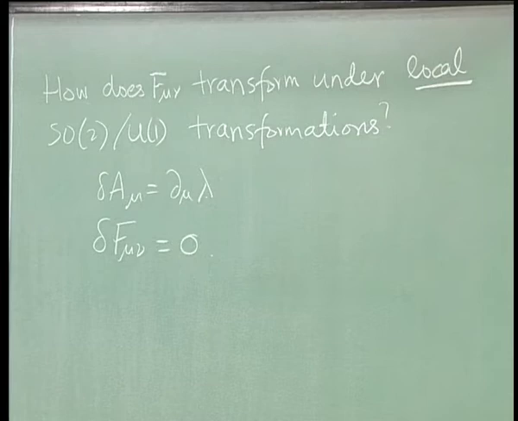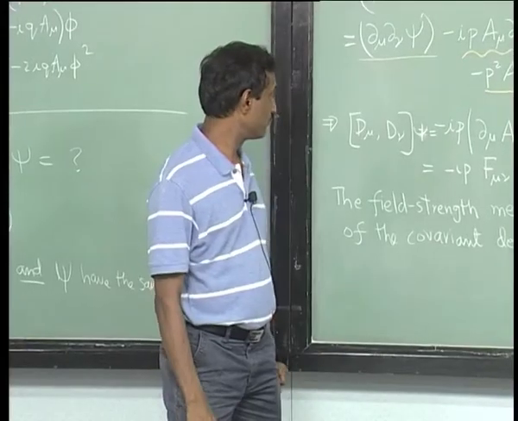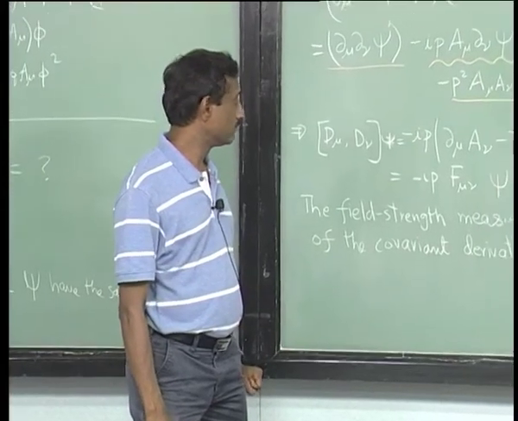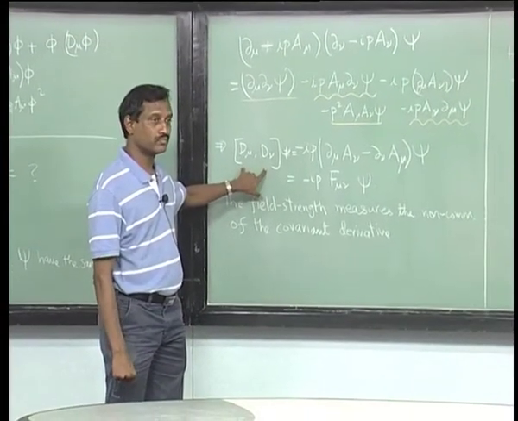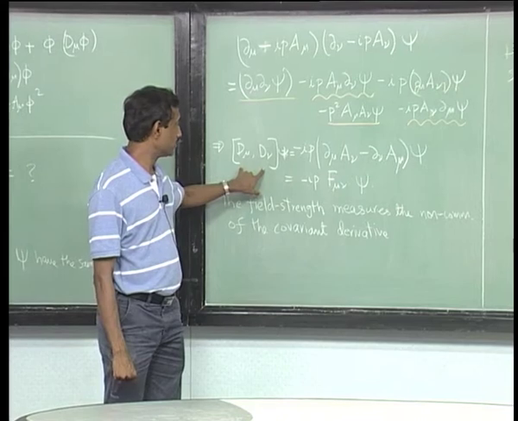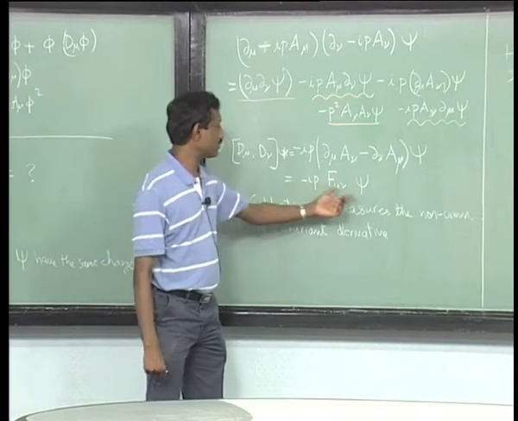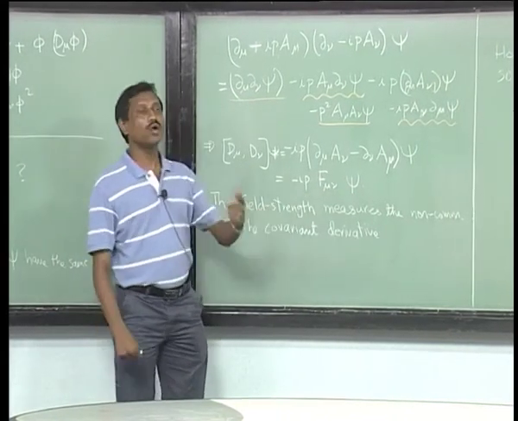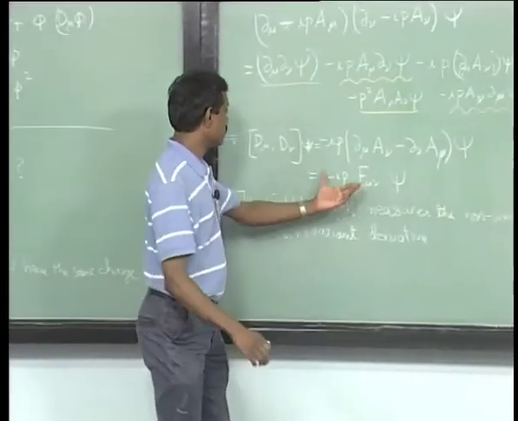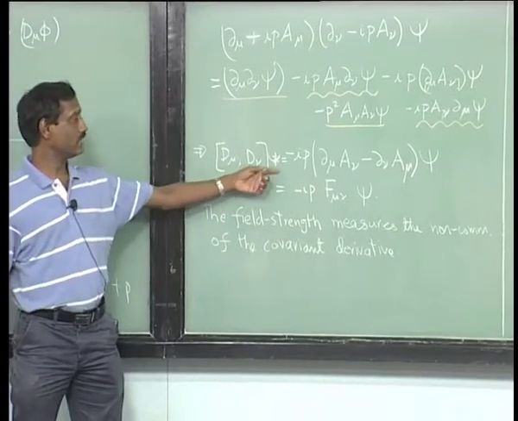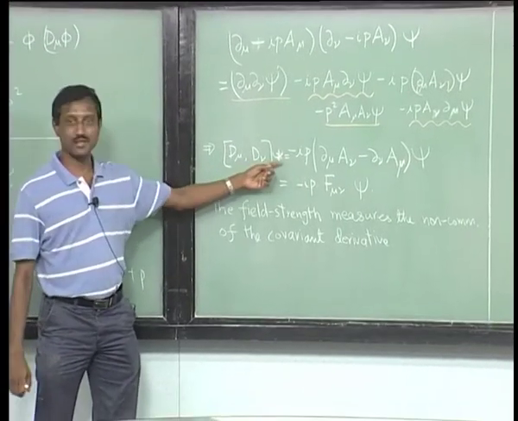We just compare the charges on both sides of this. Which one? The commutator D mu outside. It transforms with the charge p, and so does the right hand side. So the statement here is, we know that the left hand side transforms nicely.